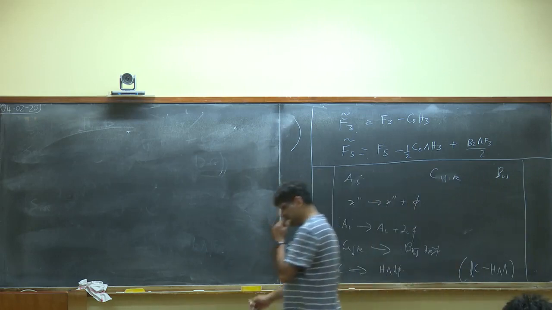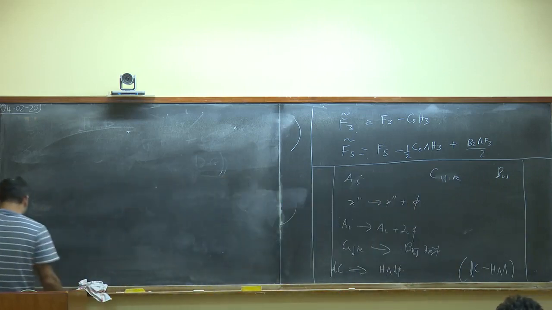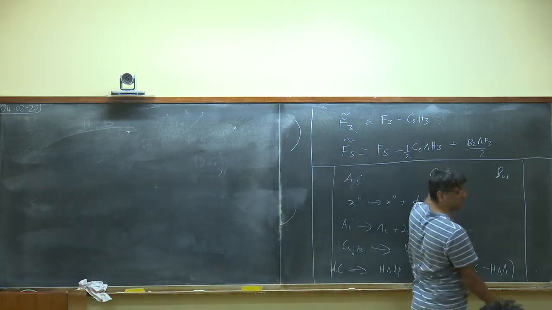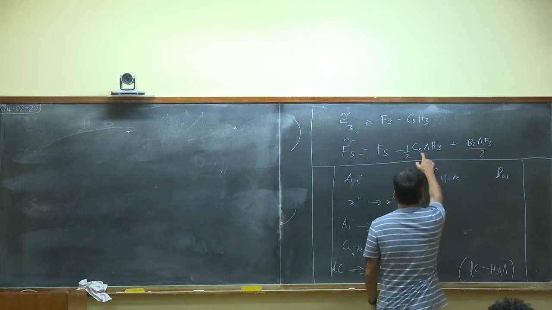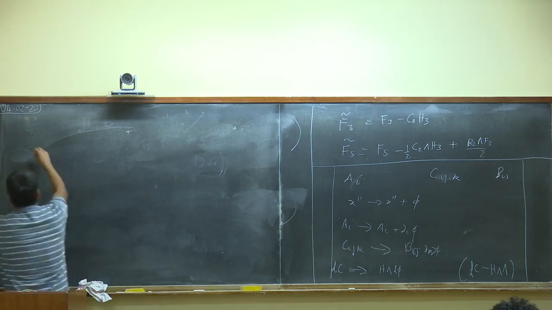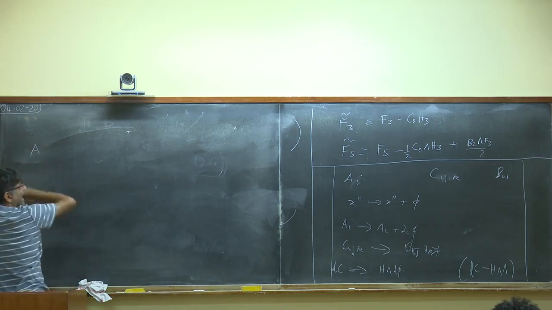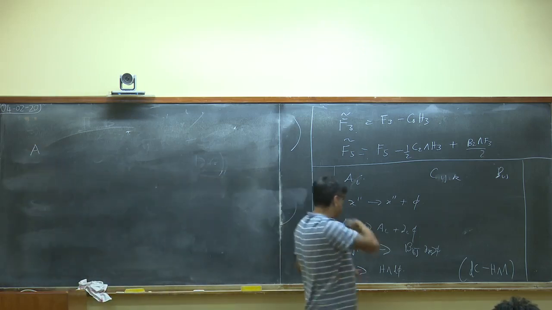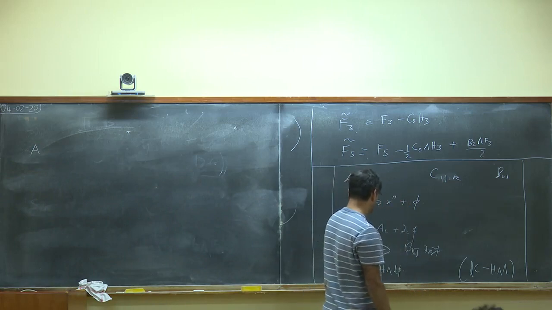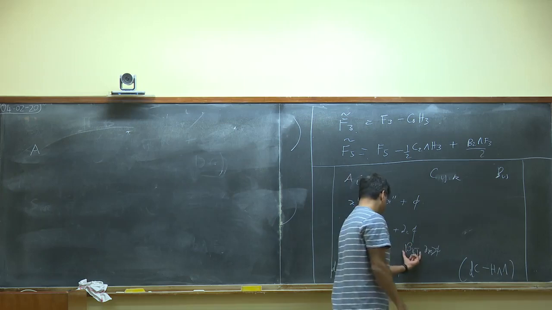Now, what is the point of this? Let me work this guy out. These are simpler. C0 is slightly, yeah. Let's work this guy out first. Suppose we take A. You see, here what did we have?